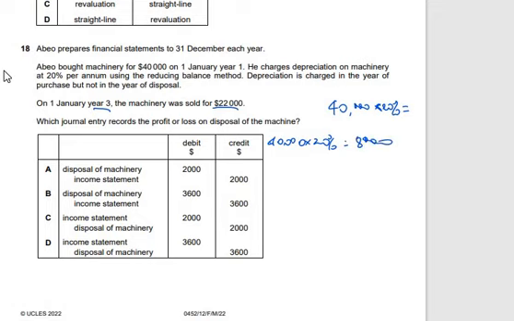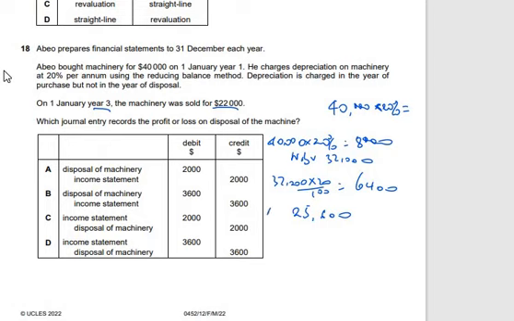The second depreciation is 32,000 times 20 over 100, which is 6,400. So the net book value is 32,000 minus 6,400, which is 25,600.